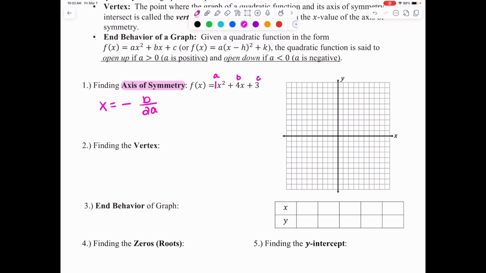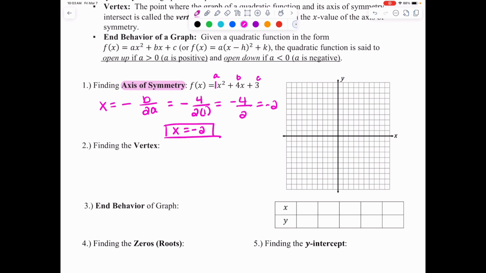Okay, so that means this is negative. Our b value is 4 over 2 times a, which is our a value, 1. So that means this is negative 4 over 2, which is negative 2. So we still get the same axis of symmetry as we did the day before, but this time we found it algebraically.